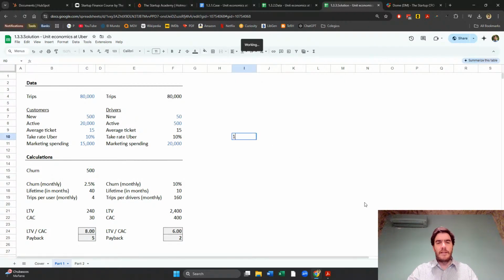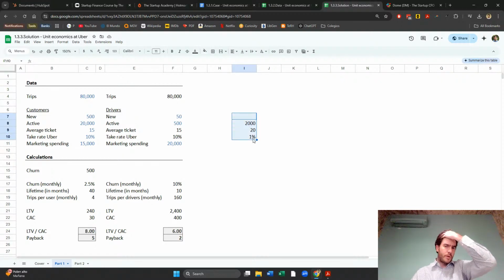If every month, imagine that you churn 1% of your customers, you lose 1%. You have 1,000, you lose 10. And then every month you acquire 20 new customers. The maximum you're going to have is 2,000 customers. Why? Because when you have 2,000 customers, 1% will churn every month, which is 20, and you're going to acquire 20 every month.